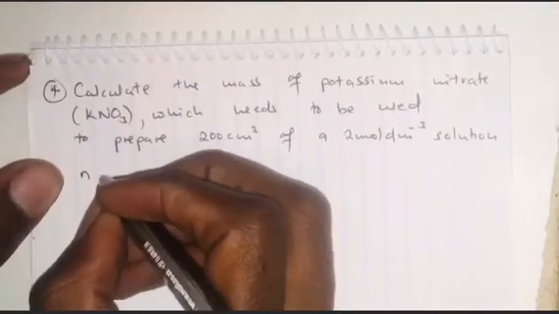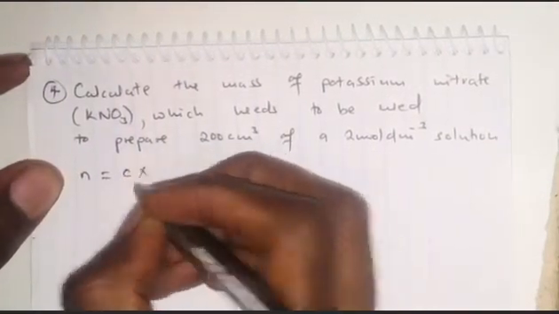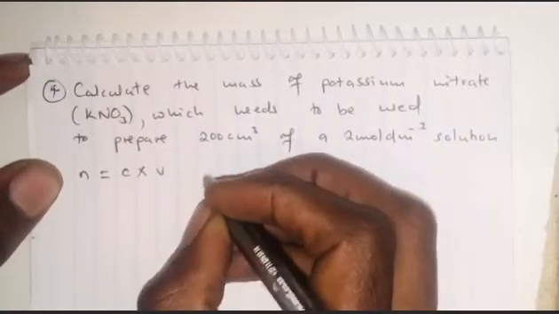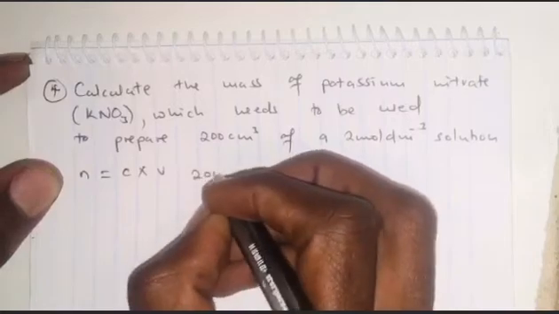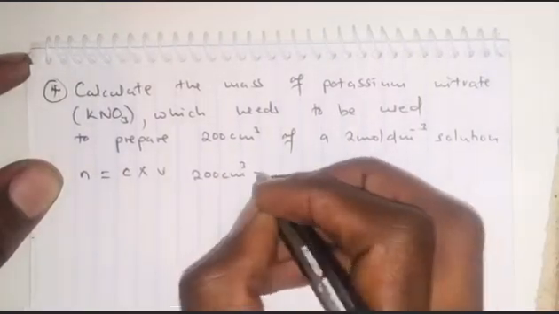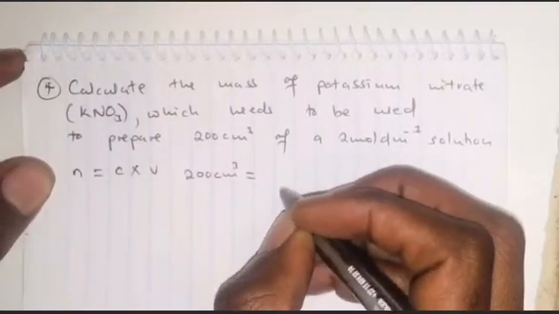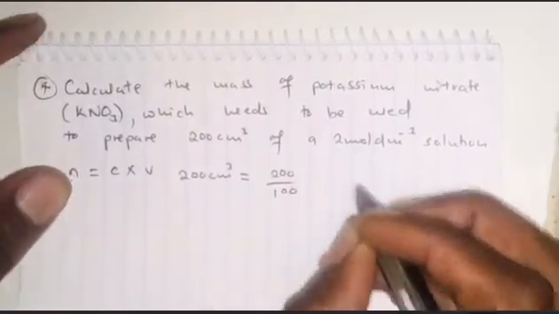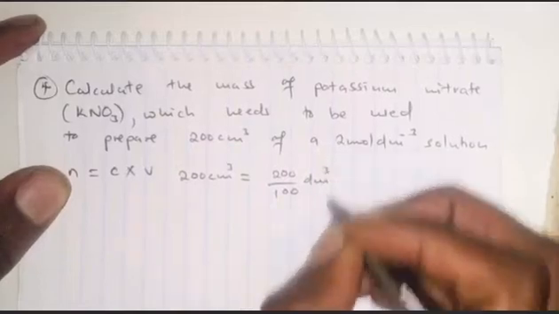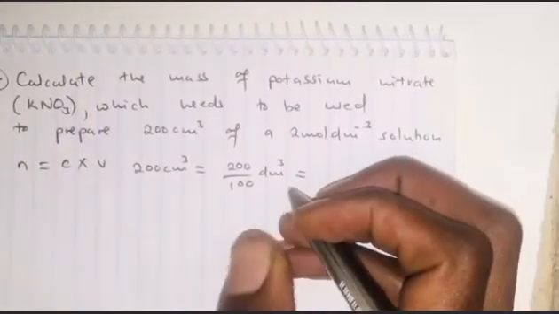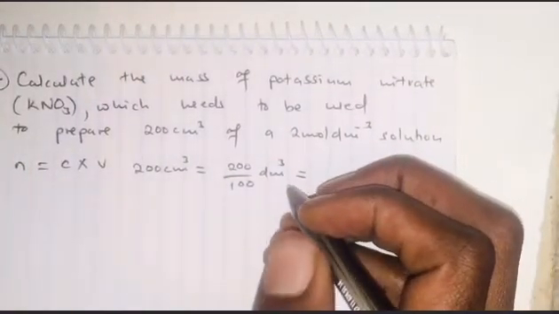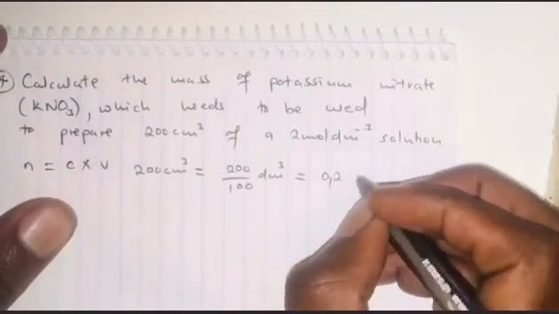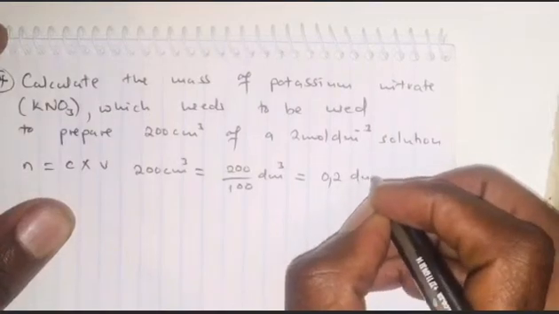So number of moles is equals to the concentration multiplied by the volume, and my volume is in cubic centimeters, so I say 200 cubic centimeters is equals to 200 over 1000 dm cubed, which is equals to 0.2 dm cubed.